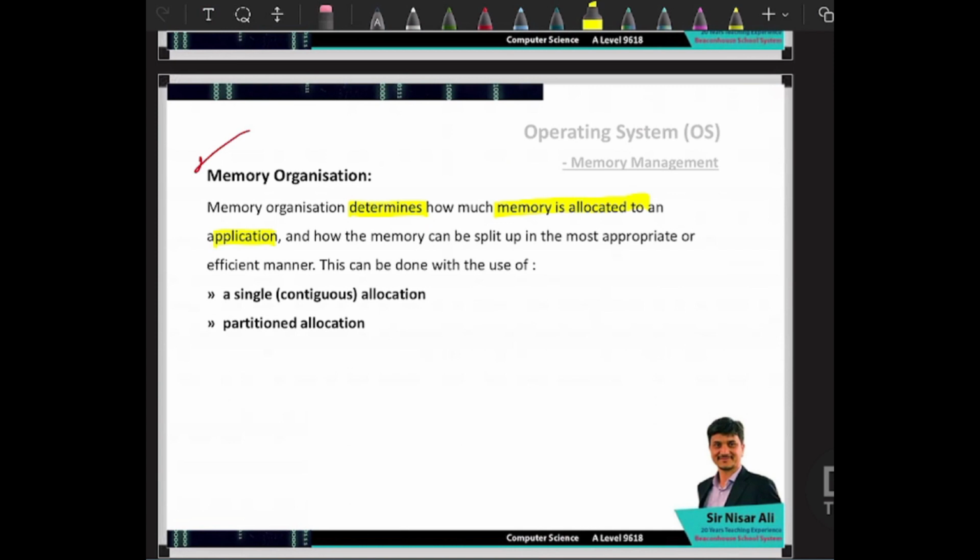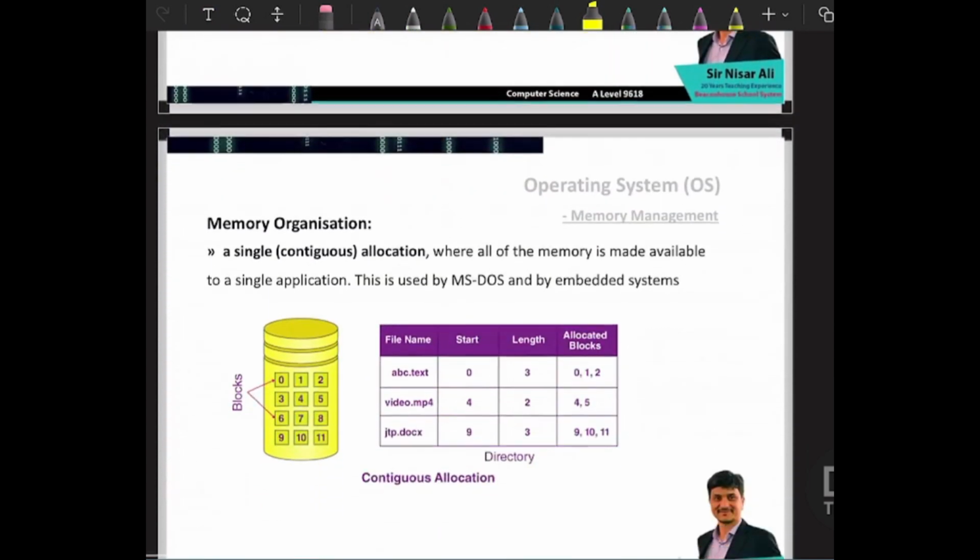And how the memory can be split up in the most appropriate or efficient manner. Efficient approach क्या होगी so that the memory can be distributed? अब इस purpose के लिए this can be done with the use of a single partition allocation or a partitioned allocation. यानी contiguous allocation है जहाँ पे complete part of memory is allocated, and then there is a partitioned allocation. इस चीज़ को हम डिटेल से आगे देखते हैं.